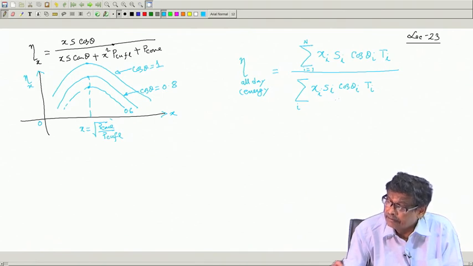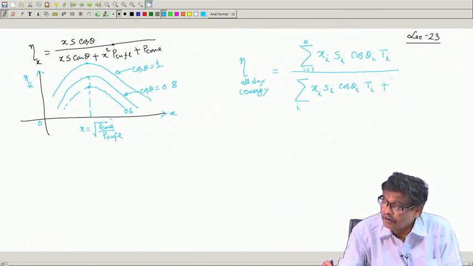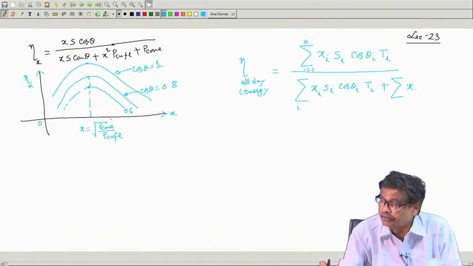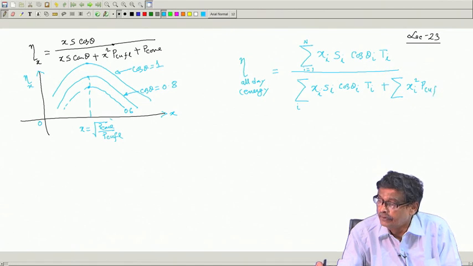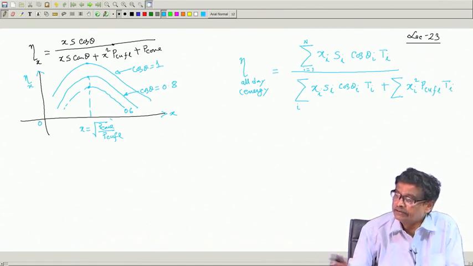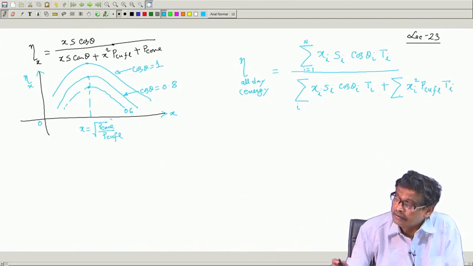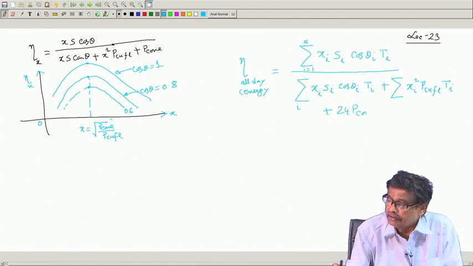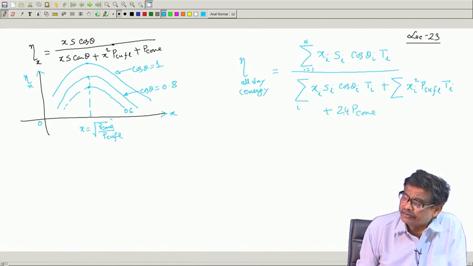Plus the copper loss, which depends on x, equal to x_i square P Cu full load into T_i. This is the energy loss because of copper loss, plus 24 into P core, because core loss remains constant.